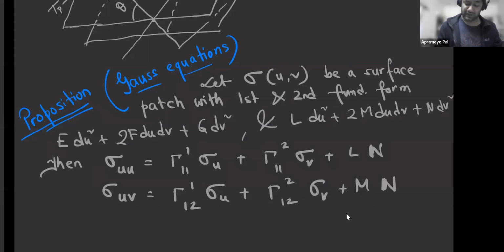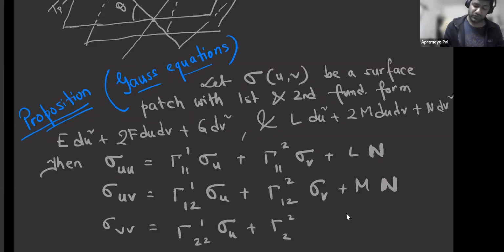These are like matrix coefficients. These n's are the unit normals. Okay, that's why I'm putting it in bold. And sigma vv is gamma 1 2 2 sigma u plus gamma 2 2 2 sigma v plus N times n.